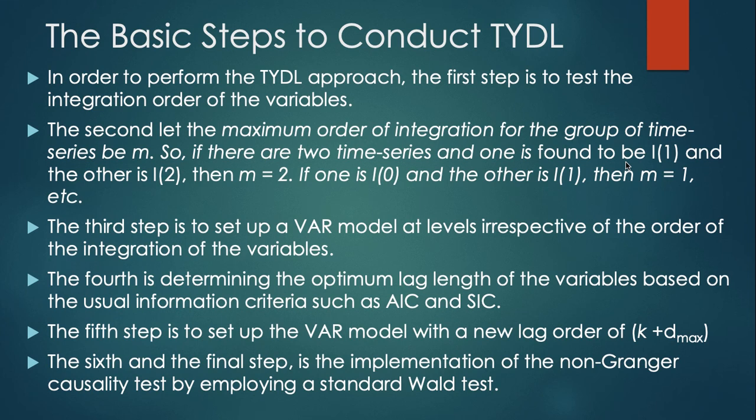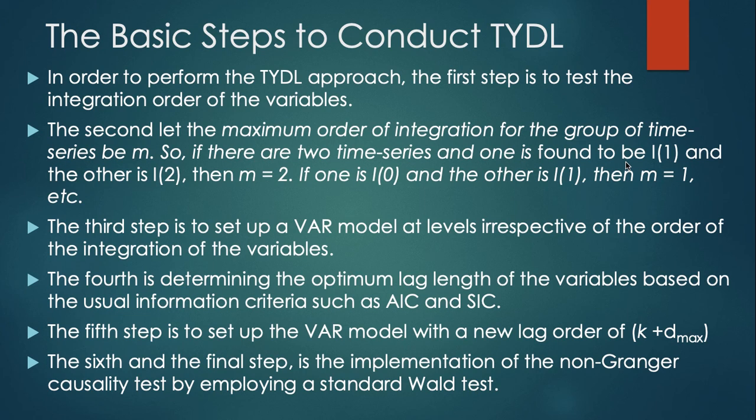The second step: let the maximum order of integration of the group of time series be M. If we have two time series and one is found to be I1 and another I2, then M equals the maximum, which is 2. If one is I0 and the other is I1, then the maximum is 1, so M equals 1.